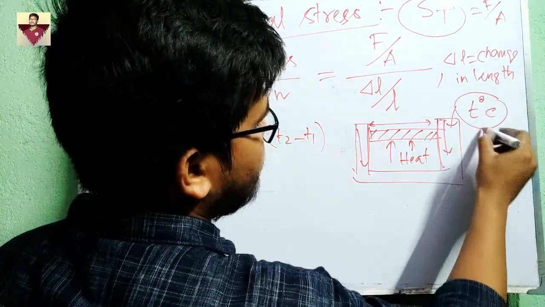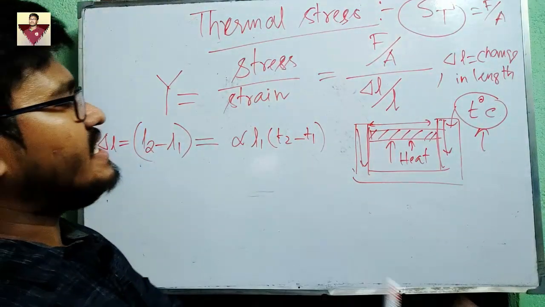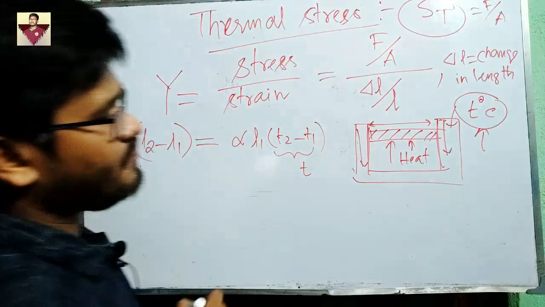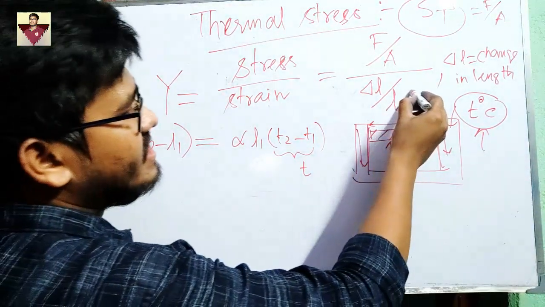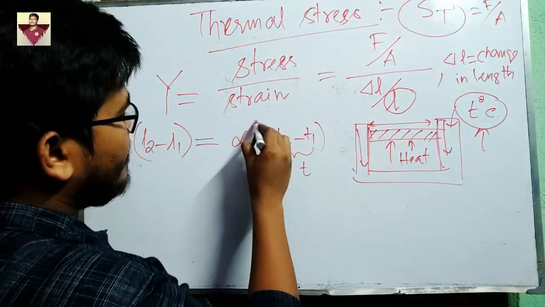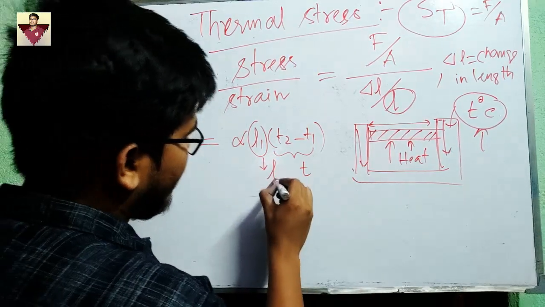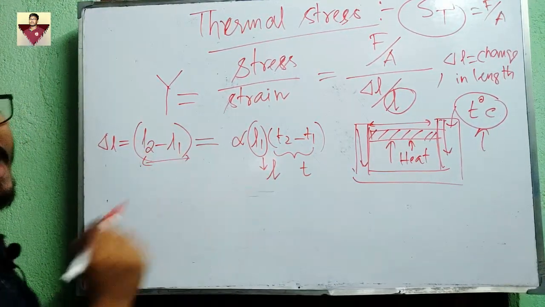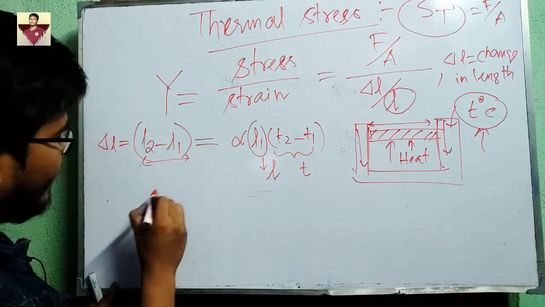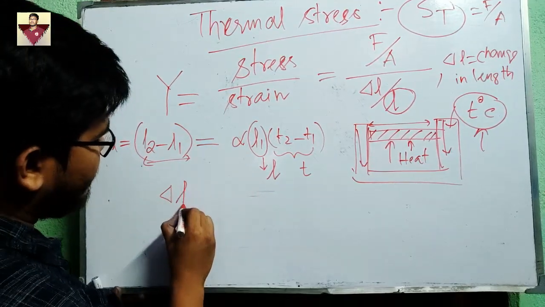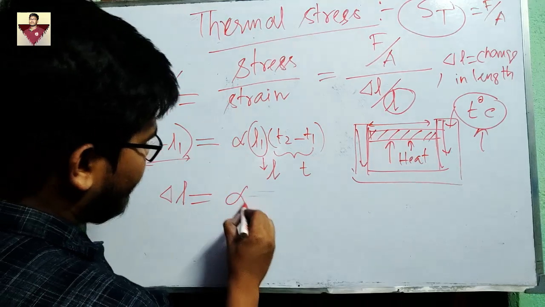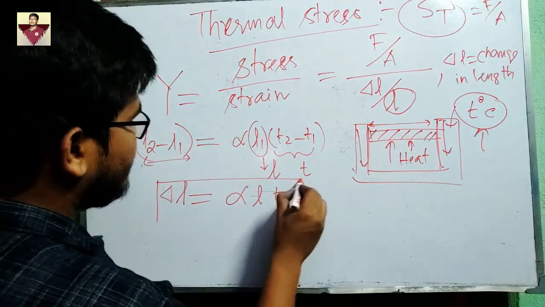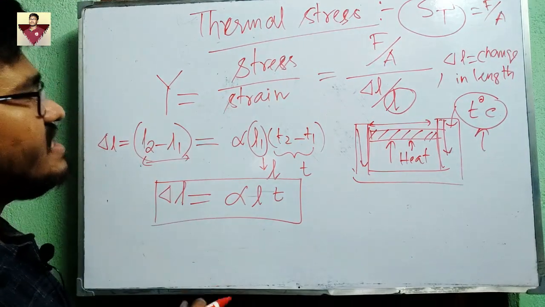So you replace T2 − T1 by T, and replace L1 by L, the initial length. L2 − L1 is the change in length, denoted by ΔL. So ΔL = α L T, where T is the change in temperature.